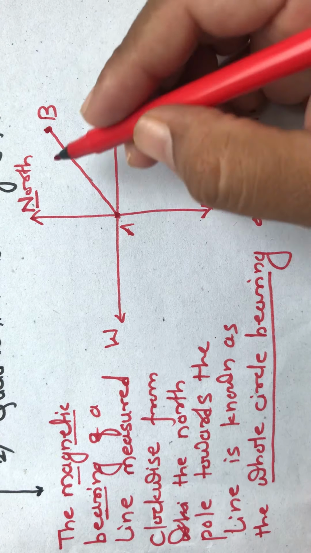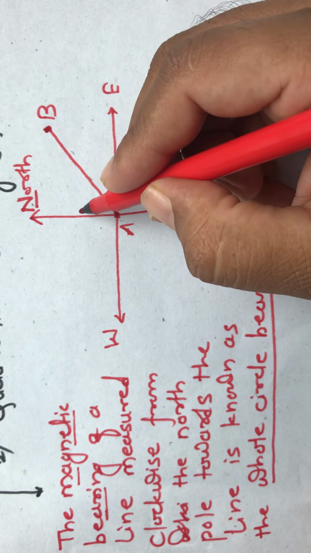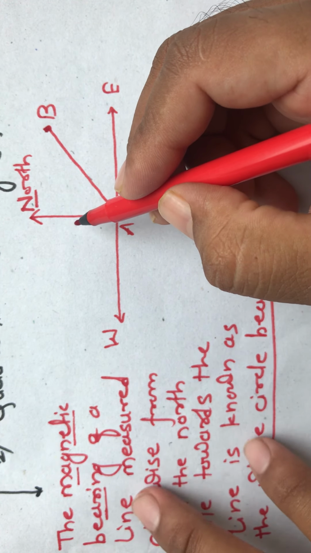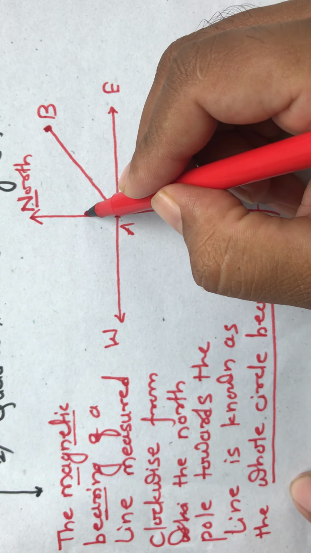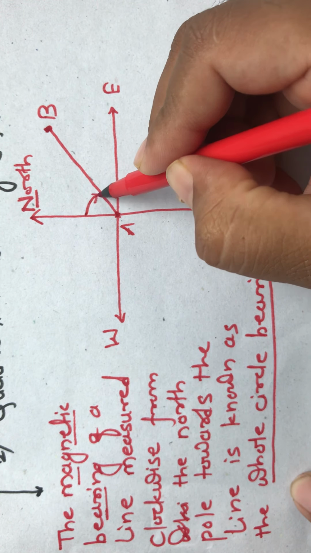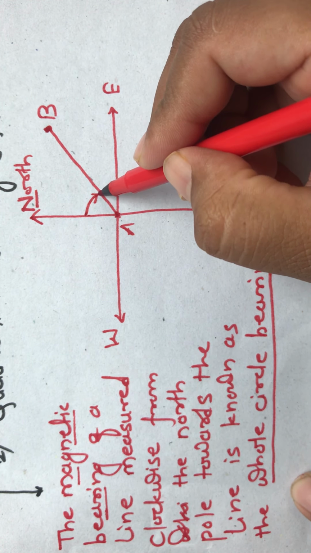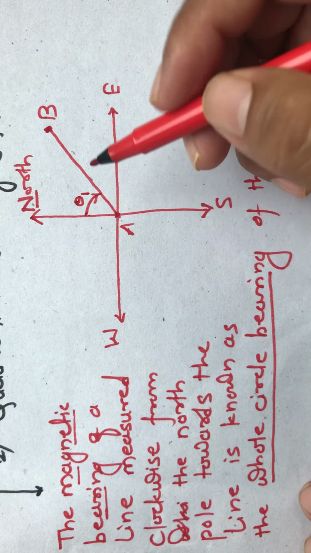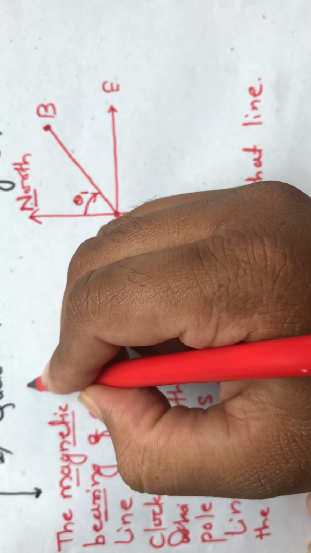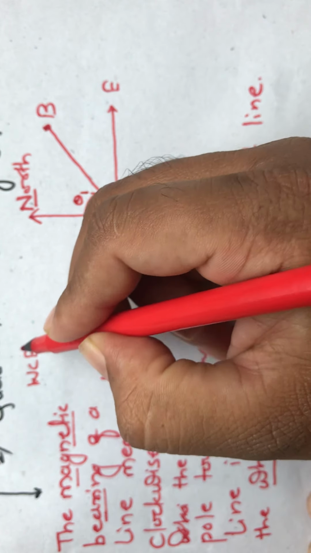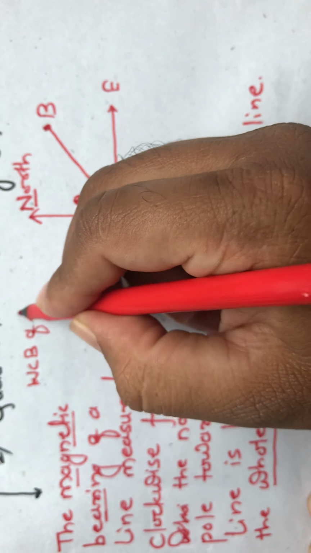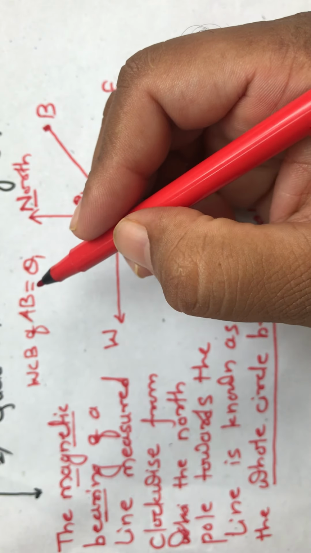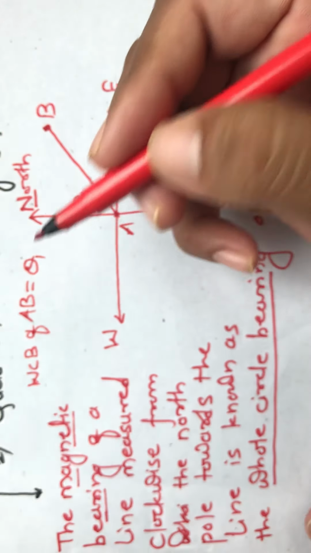It is the magnetic bearing of the line measured clockwise from the north towards the line. So the whole circle bearing of AB equals theta 1.